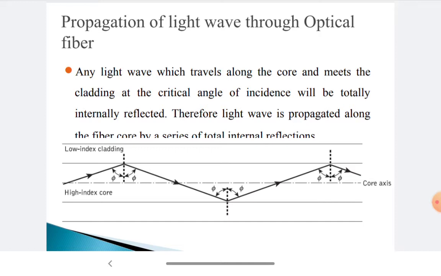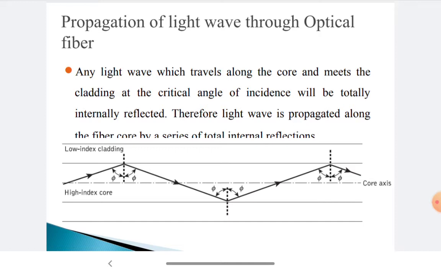What is the use of the cladding? The use of the cladding is to stop the waves from going outside the optical core. When the rays go outside the core, they will be attenuated and directed back towards the core.